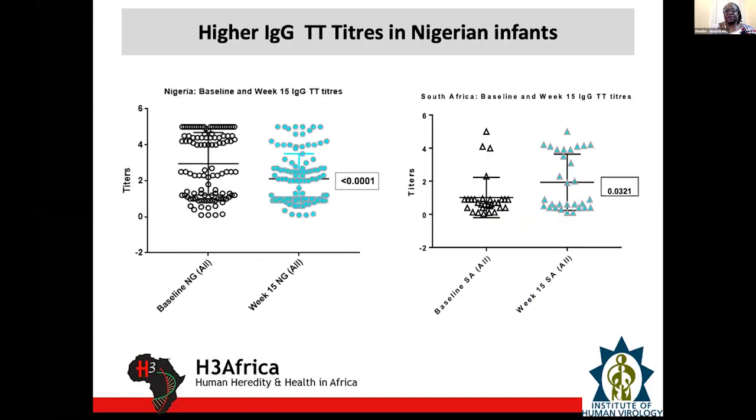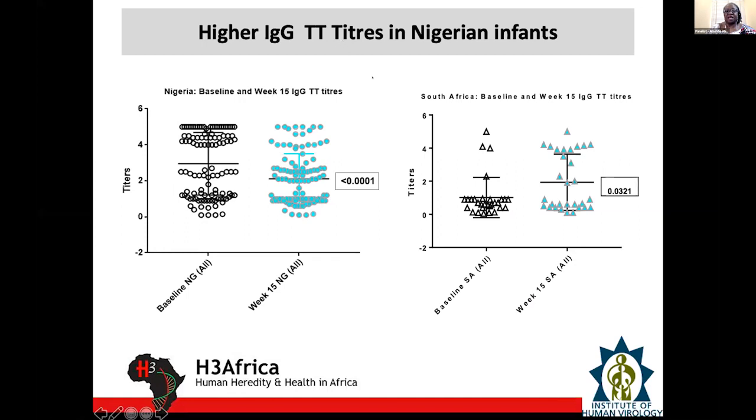What I can tell you from the scratch, and in this case we've been able to compare data from Nigeria and South Africa, is that at baseline it was very clear that whether we were looking at normal infants or exposed infants, the infants in Nigeria tend to have significantly higher antibody titers to one of the vaccines, in this case specifically the titers to tetanus vaccine.